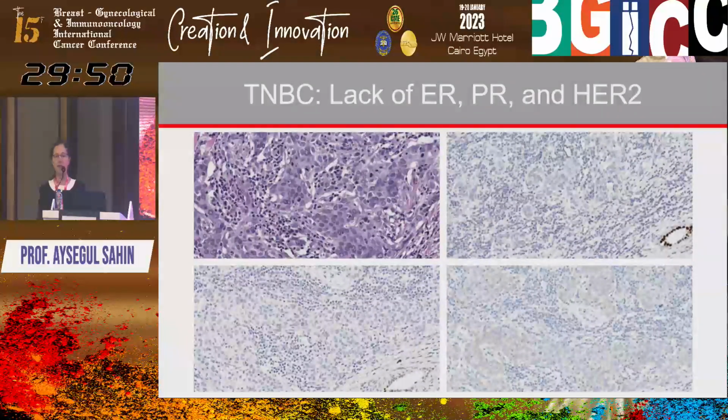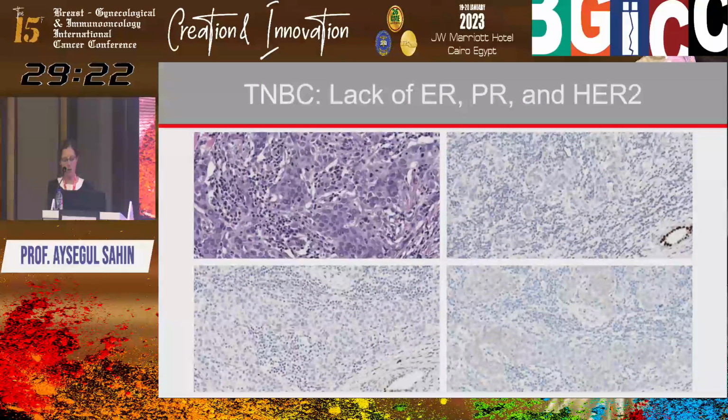So the terminology of triple-negative breast carcinoma was introduced in early 2000 to describe the subset of breast carcinomas. And the typical feature is it lacks the ER, PR, and HER2. And I would like to stress one thing, that when we are calling something negative, we really have to make sure that, one, our stain has worked.